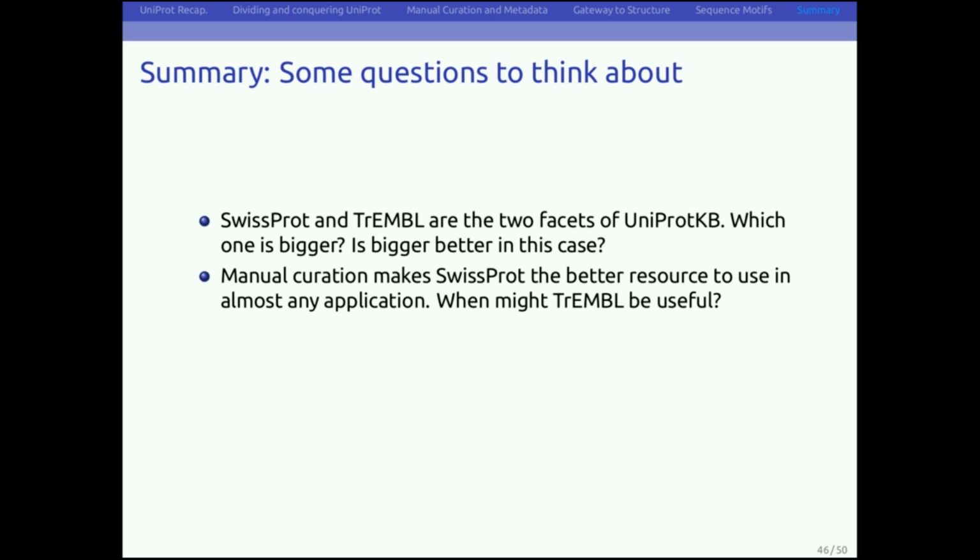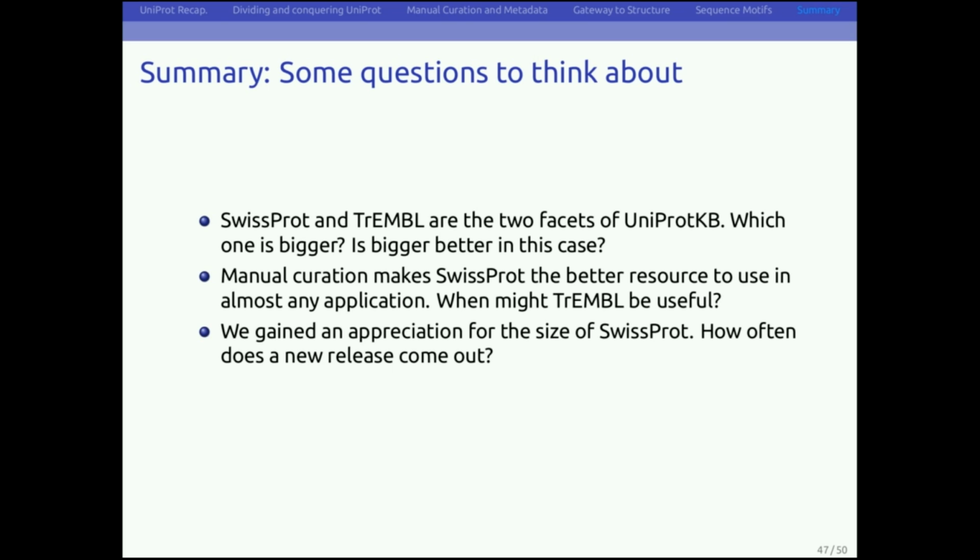But on the other hand, when might TrEMBL be useful? So what's the point if you have 82 million sequences? It's great that we have all these sequences, but there's no point if nobody uses them. Well, I will tell you right now that many people use TrEMBL. And so when might TrEMBL be useful? So think about that.